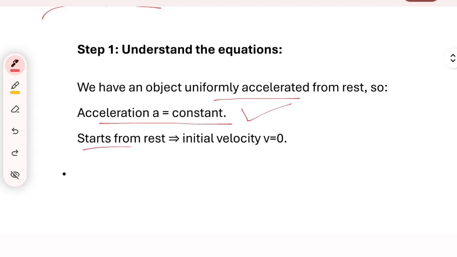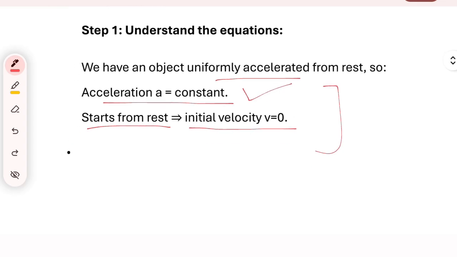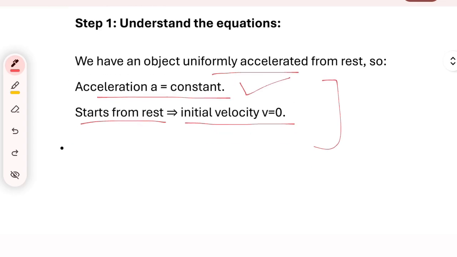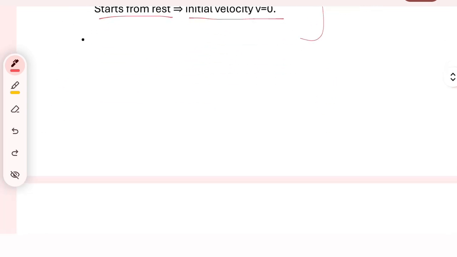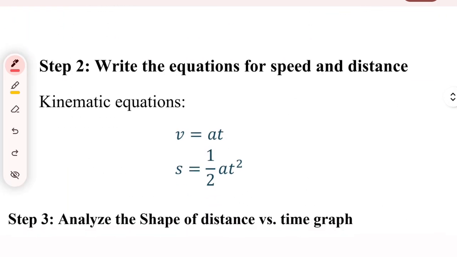Since it starts from rest, the initial velocity is also zero. These are very important things: acceleration is constant, and as it starts from rest, the initial velocity is zero. What is step two?